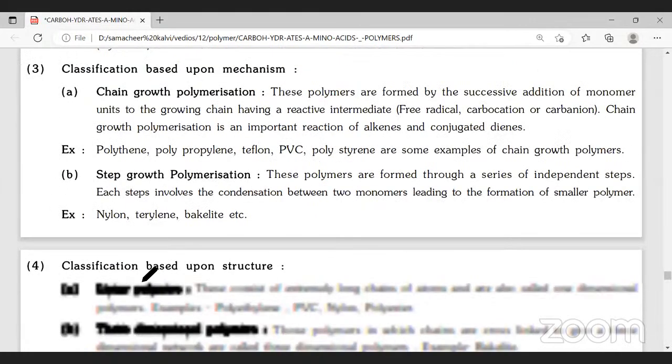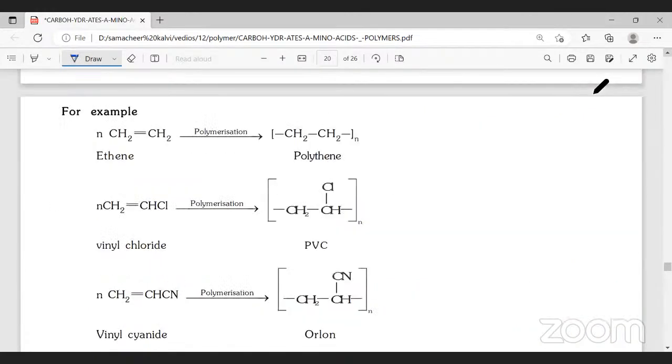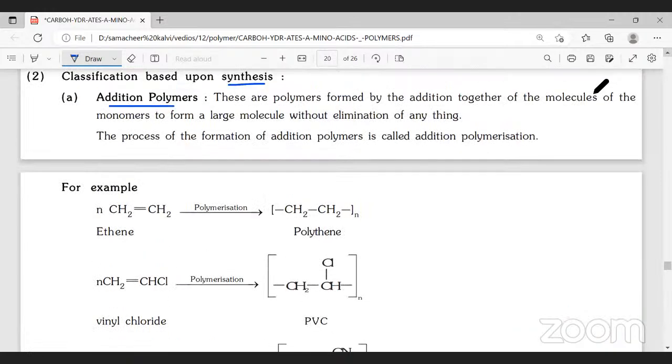In case of addition polymerization, the monomer units get added onto each other without the elimination of any byproduct. The monomeric units add on to each other to form a polymer. Those are called addition polymers.